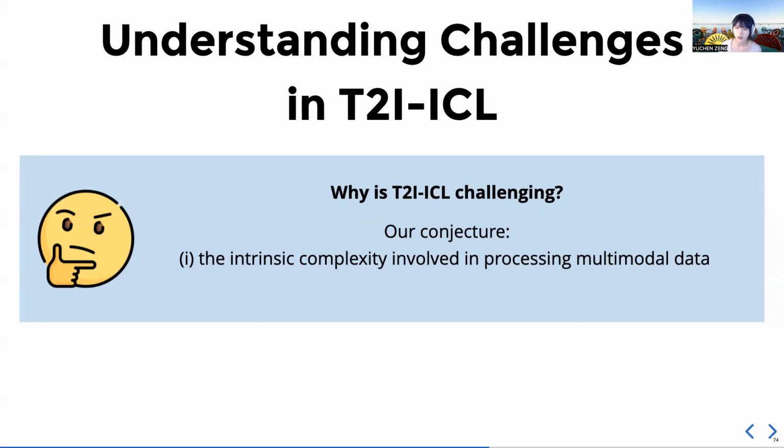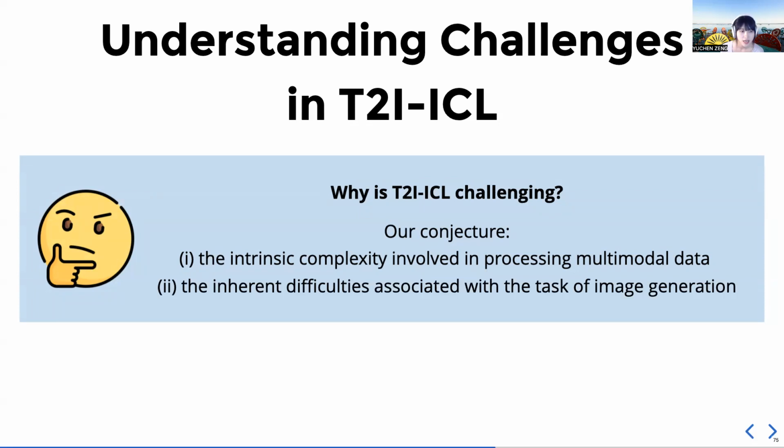There is a huge amount of evidence to support this claim. But we found that in this multimodal context, it is not the case. So the first hypothesis is that maybe processing the multimodal data itself makes it harder. And the second, it could also be due to the inherent difficulties associated with the task of image generation.